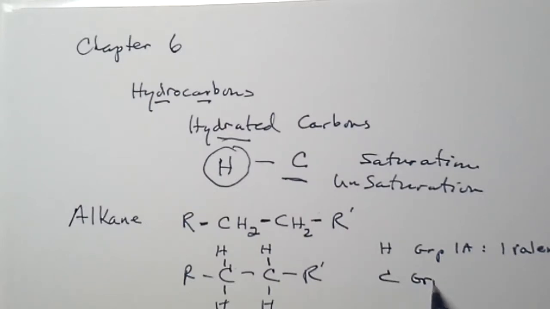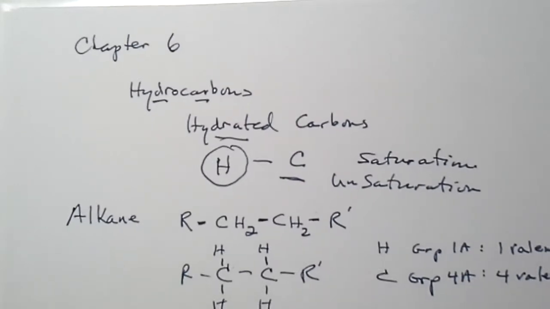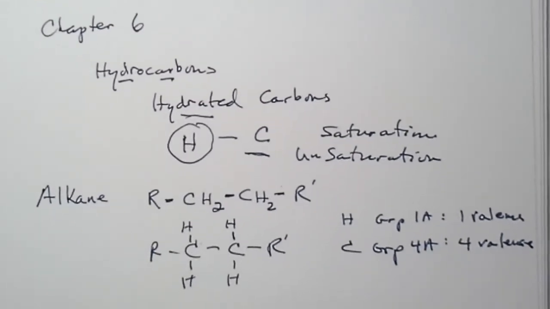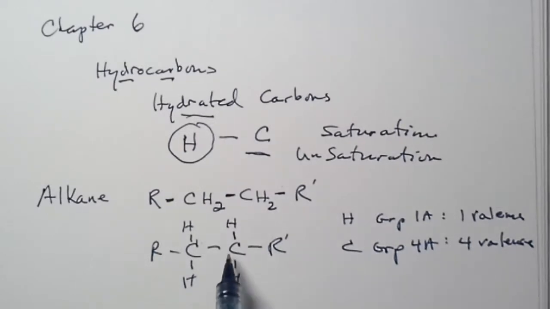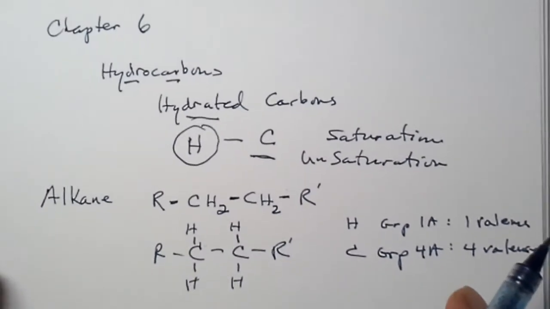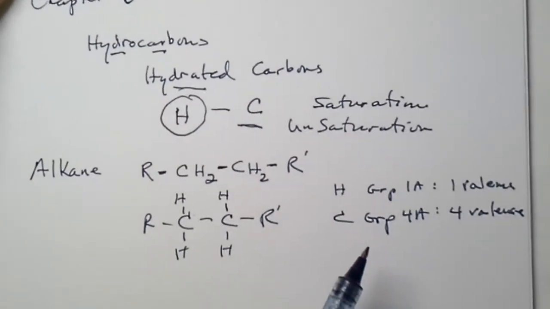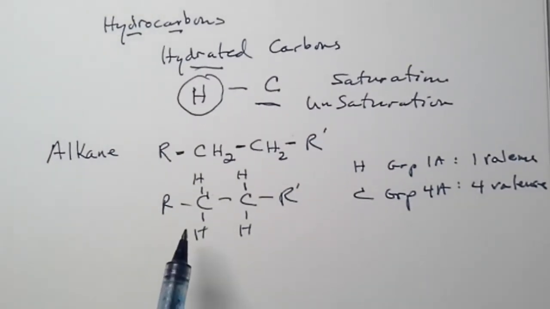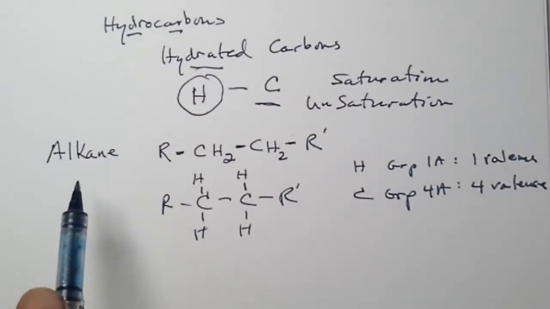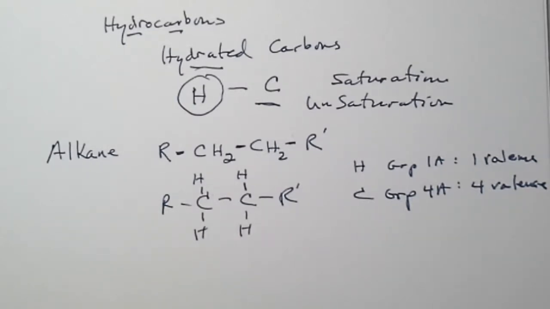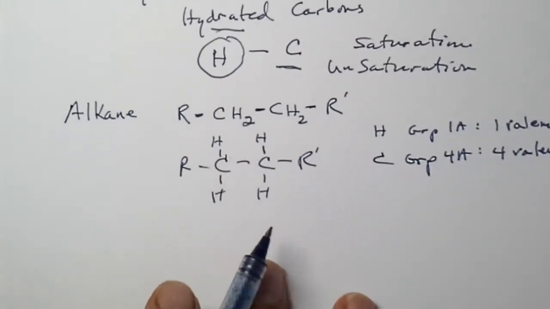Carbon is in group 4A, so it has 4 valence electrons to bind to another group. And so we completely form the valence binding of carbon. And this is an alkane, single bonded. So now we have the context.